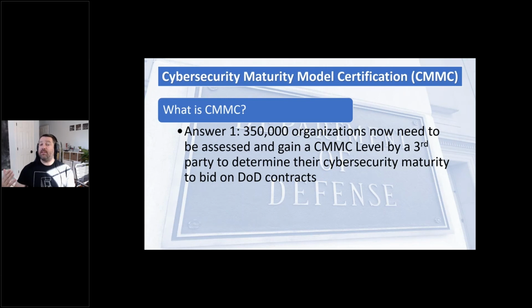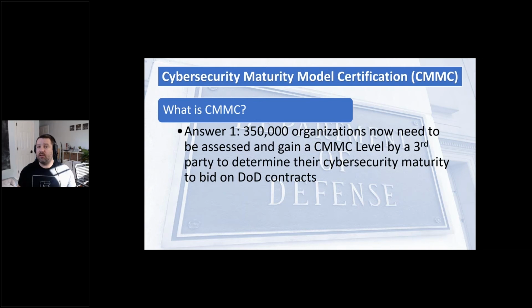So what is CMMC? The first answer to that question is that the 350,000 organizations that are part of the defense industrial base are now moving from a self-attestation model around their cybersecurity practices and policies to a third-party assessment model.